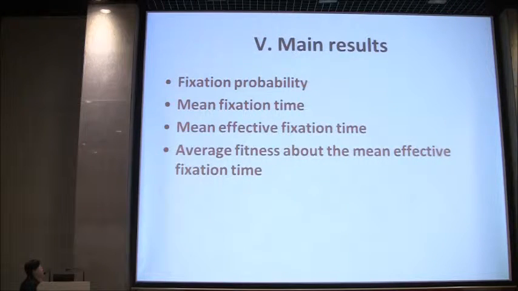Part 5, main results. Here we will introduce 4 definitions: fixation probability, which was introduced before, mean fixation time, mean effective fixation time, and average fitness about the mean effective fixation time.